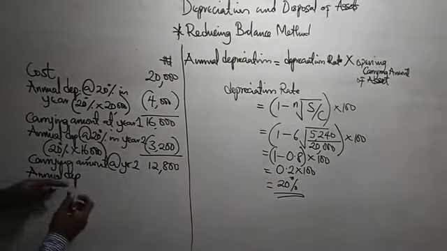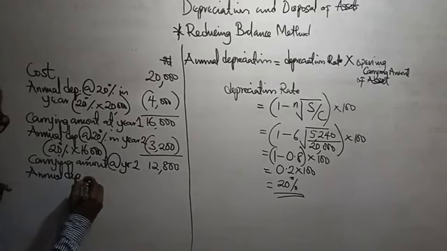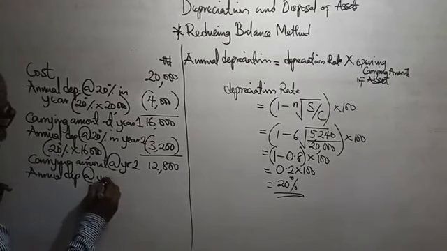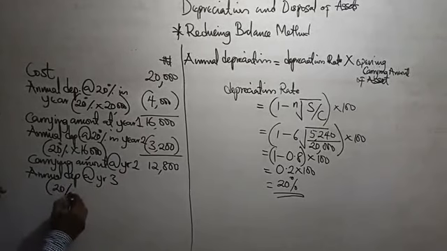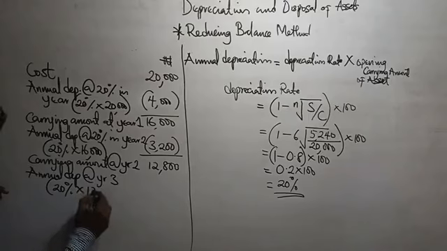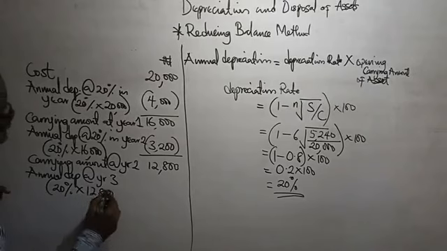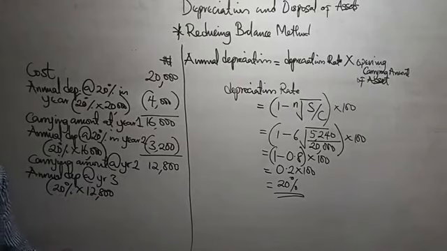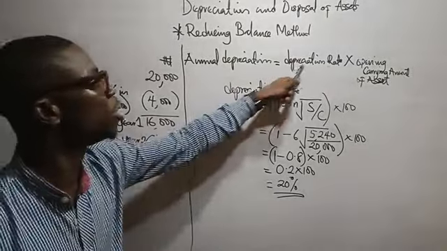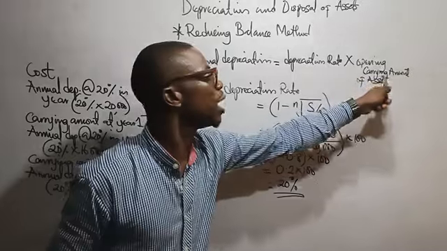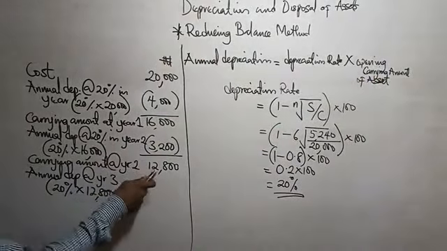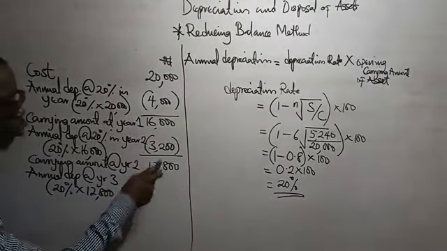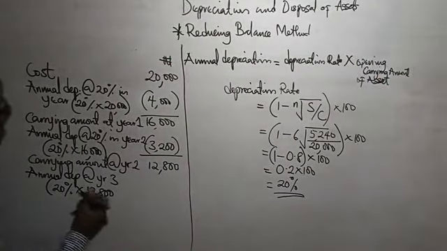So the annual depreciation at year 3 will be 20% times what? 12,800. Because if you want to calculate the depreciation, it will be depreciation rate times the opening carrying amount of the asset. What's the opening carrying amount at year 3? It is 12,800.